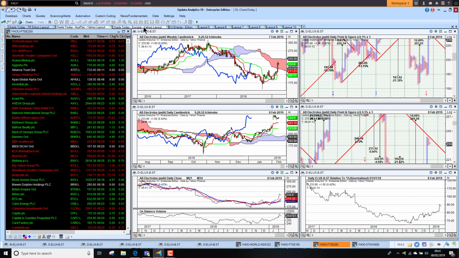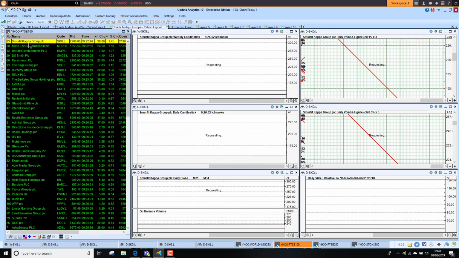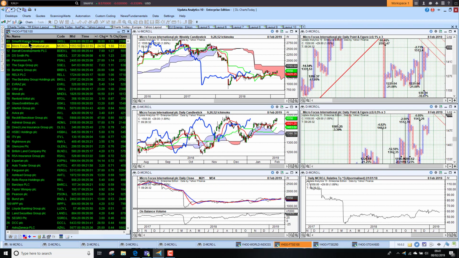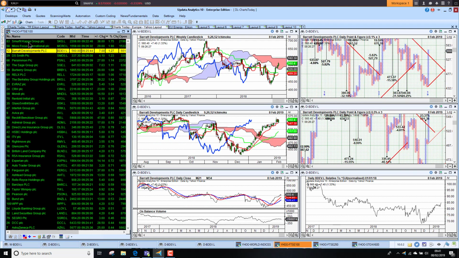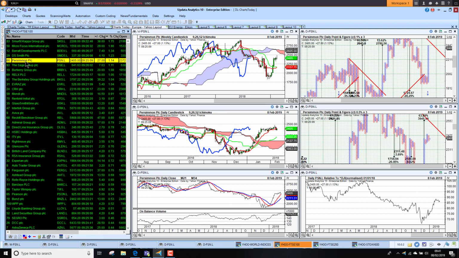Looking over to Europe now, the FTSE 100 index this morning, we've got Smurfit Kappa up 1.75%, Micro Focus up 1.6%, and Barratt Developments up 1.3%. Some of these charts starting to look like quite good recoveries, but of course, stocks like Persimmon had a pretty bad year last year, have started well this year.